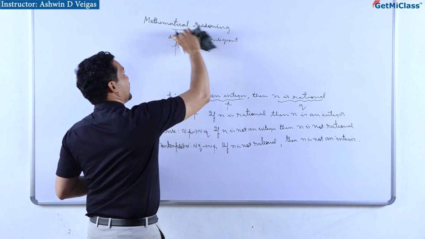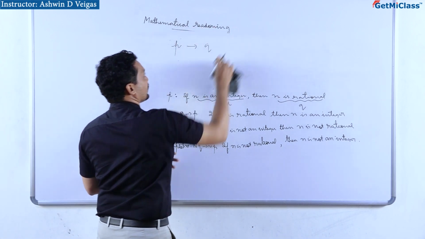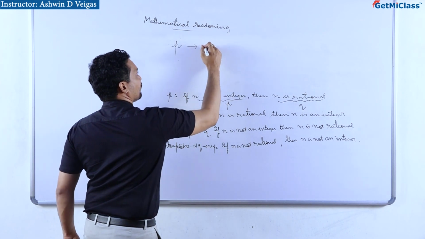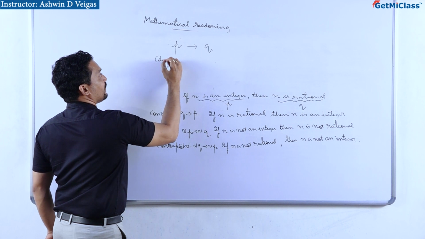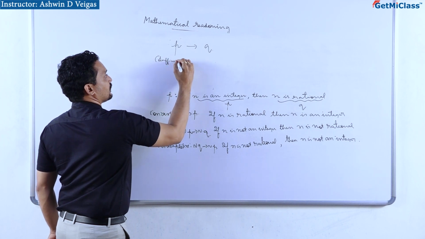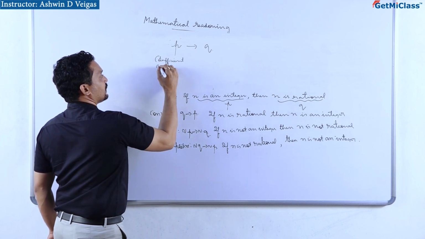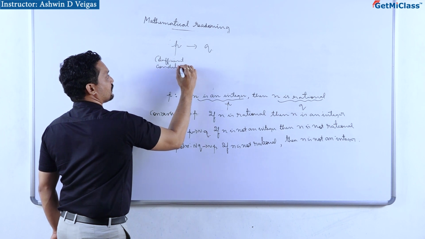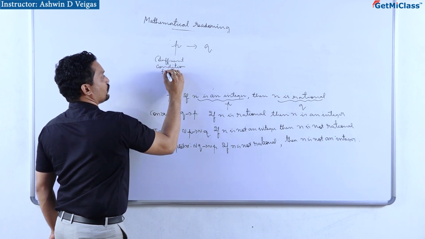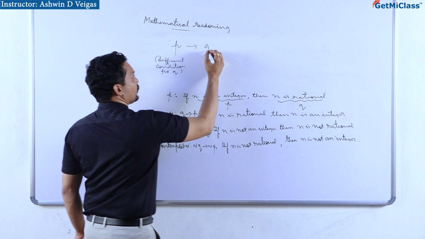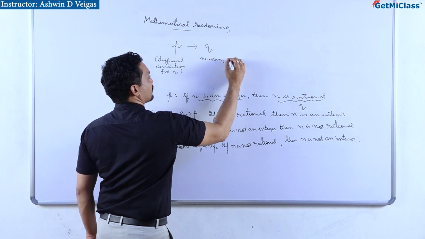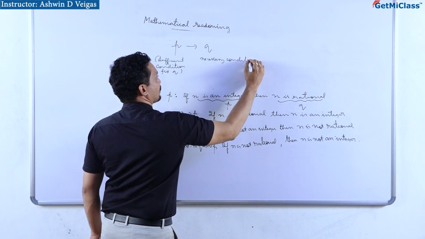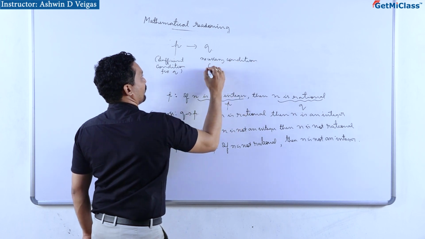Other than that, there is a very important thing we need to remember: P is called sufficient condition for Q, and Q is called necessary condition for P.